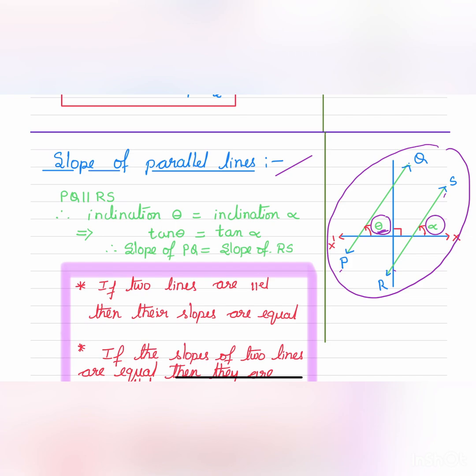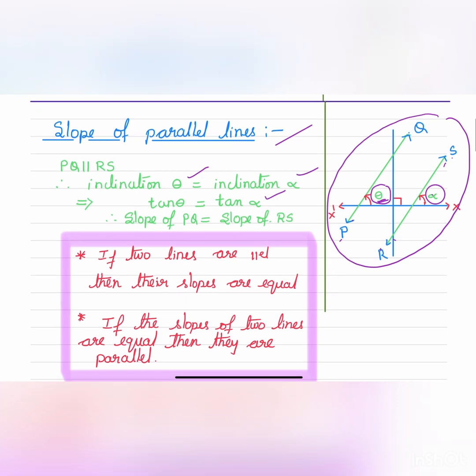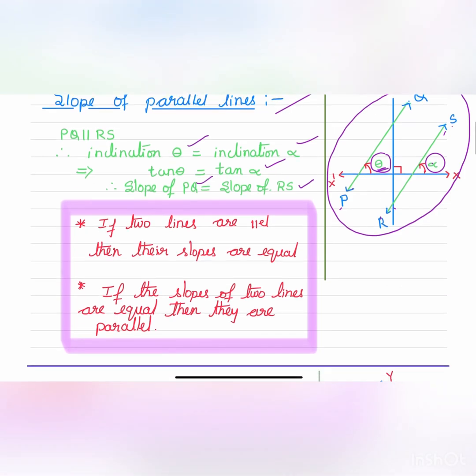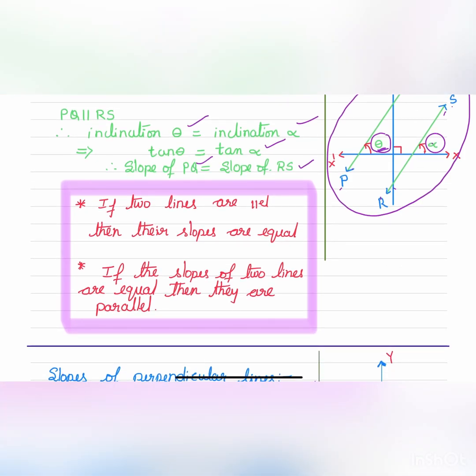Now these two will be equal because PQ is parallel to RS, and these are corresponding angles. So inclination theta is equal to inclination alpha. Therefore, tan theta is equal to tan alpha, that is, slope of PQ is equal to slope of RS. So if the lines are parallel, then the slopes are also equal.